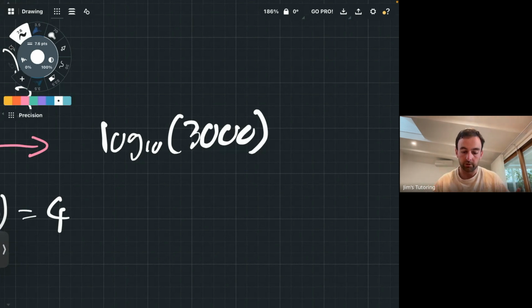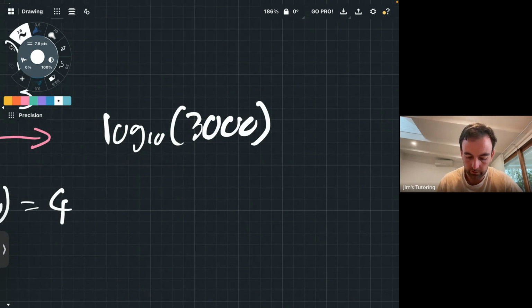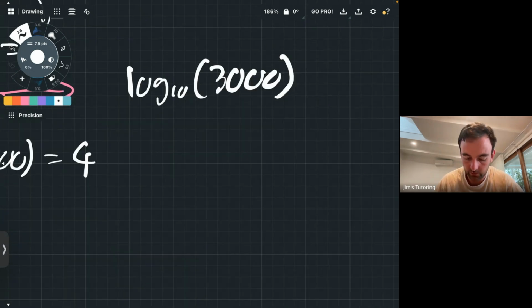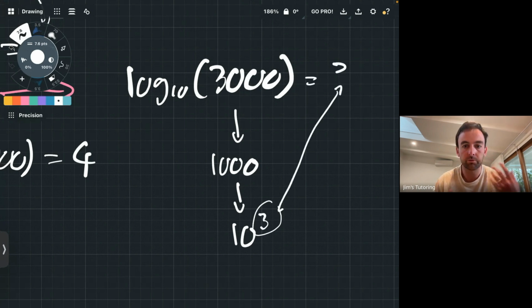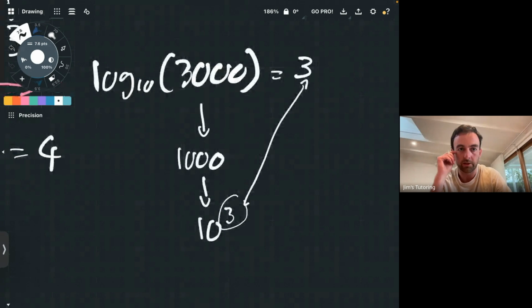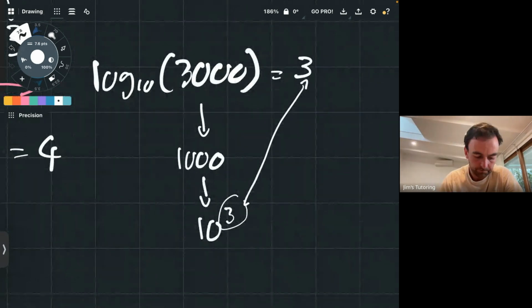What I like to do is just round this number to the nearest factor of 10. So the nearest factor of 10 to 3,000 is 1,000. And then I would convert that to 10 to the 3, and then my answer would just be 3. So it's an approximation, but approximations are generally fine in the GAMSAT.